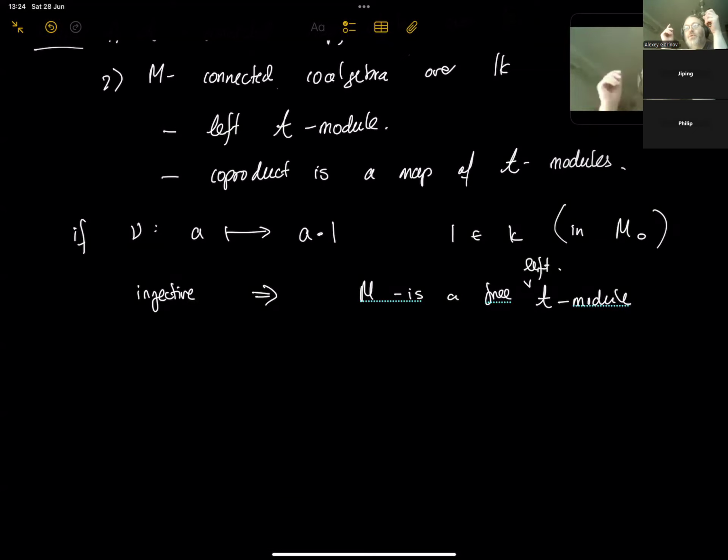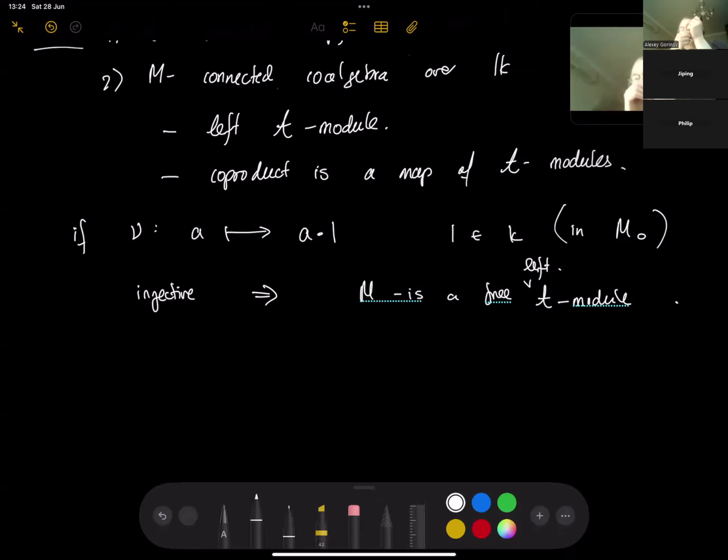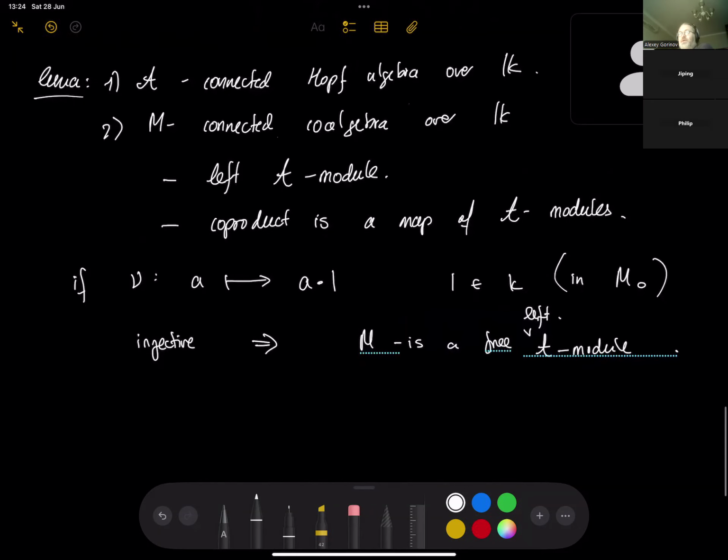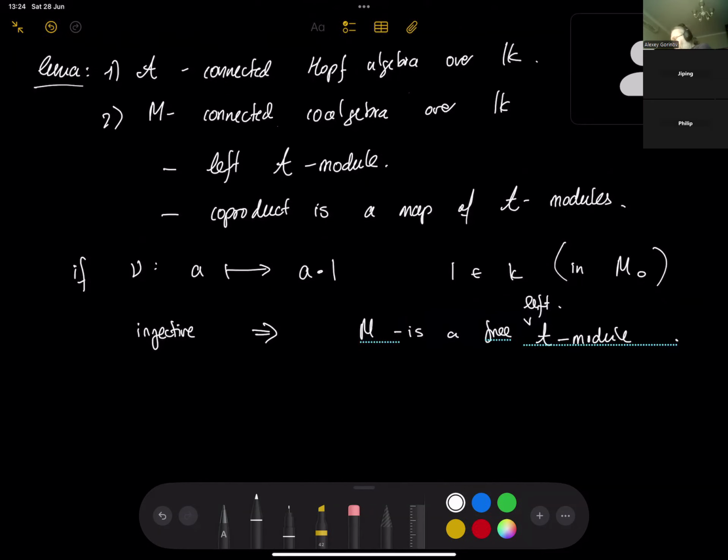Okay, let's see if we understand this. Do you understand what's written? Could you remind me what a co-algebra is? So connected, maybe I should define it.